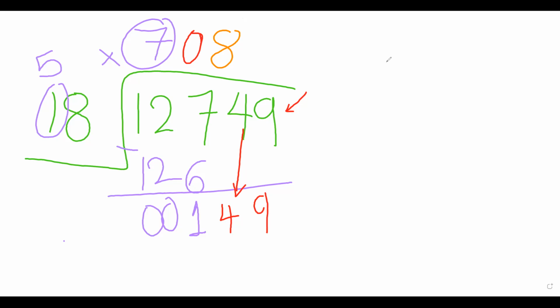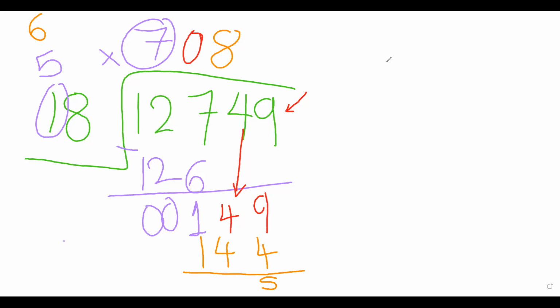So 8 times 8, 64. 8 times 1 plus 6, 14. So the remainder here is 5. And 5 is less than 18.